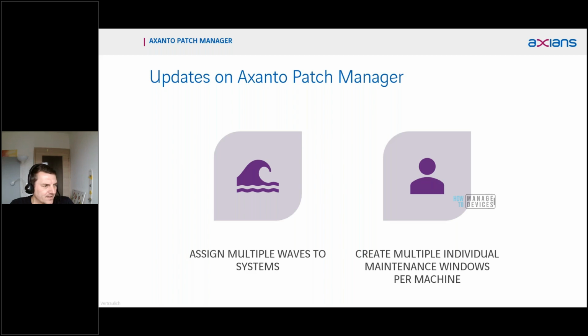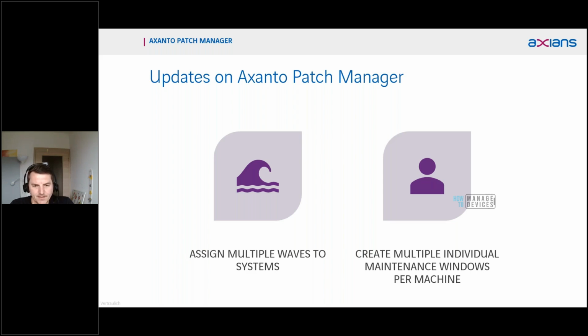So there was the request that the system can go to multiple waves, so that if a hotfix is there, the hotfix is applied at once to the systems, or as fast as possible. So that was the point of that. And the other point, creating multiple maintenance windows for the systems, came from customers too.